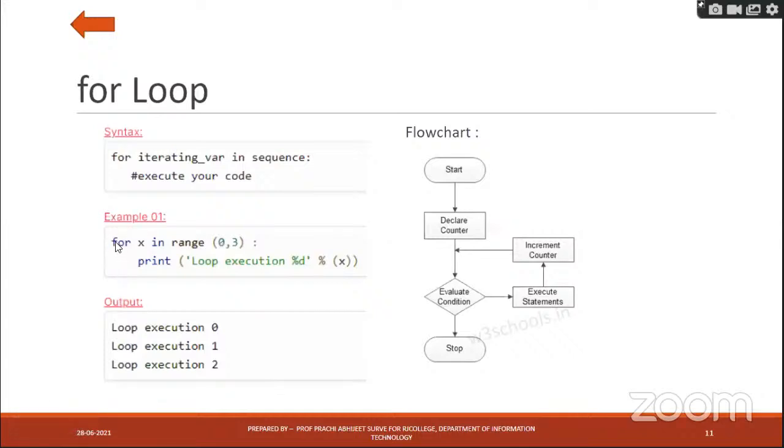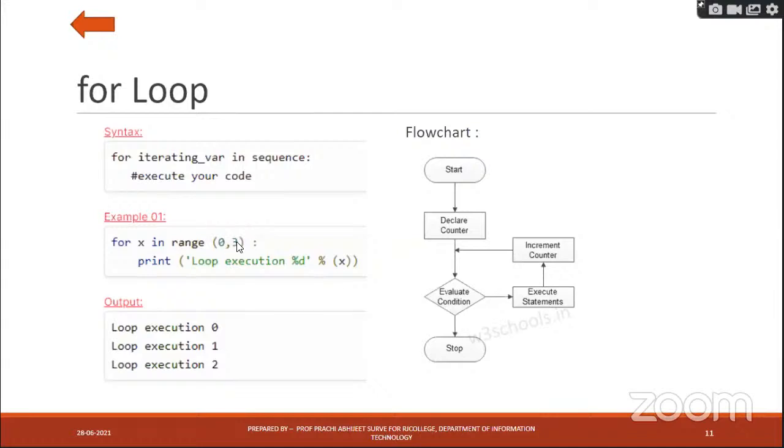So come to the example: for x in range. Range is an inbuilt function which will give you the range of a particular number. As you can see in the function, where to start and where to stop. The first number is your starting number.